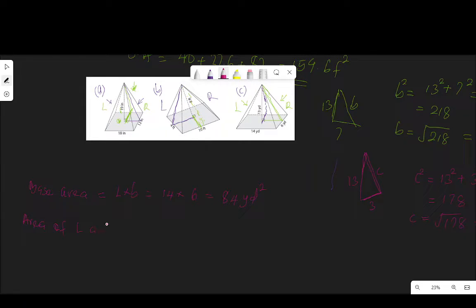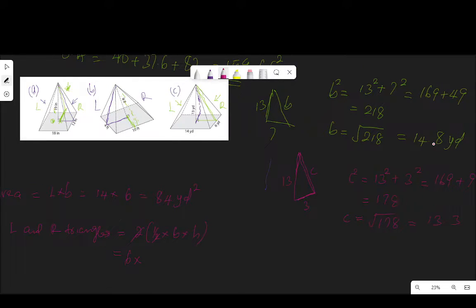And area of the left and right triangular faces is 2 times half times base times height. These two can cancel, so I'm left with only base times height. The base of the left and right triangle is 6 yards, multiplied by the height, which we calculated earlier.